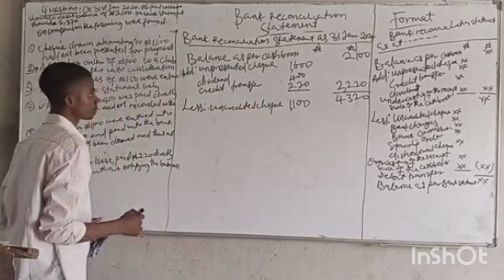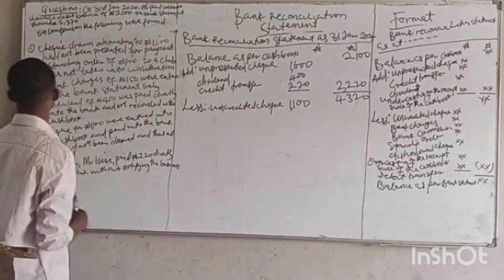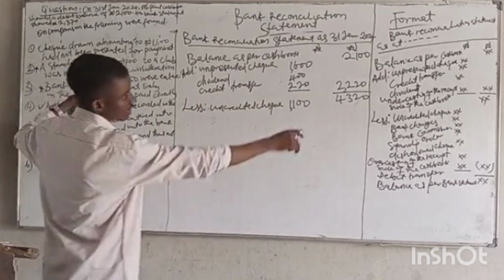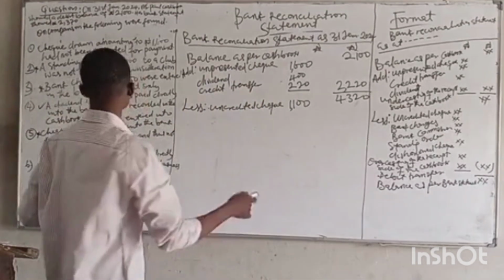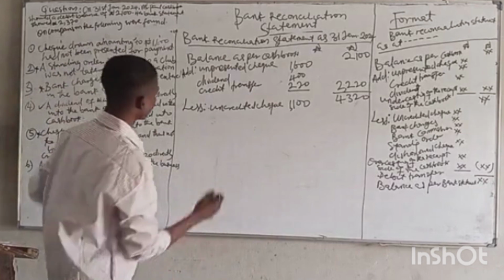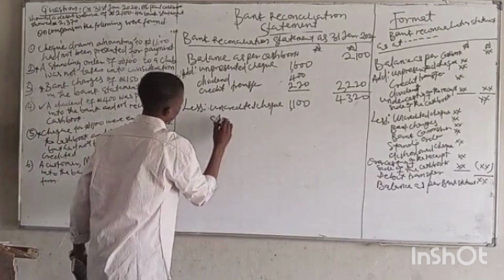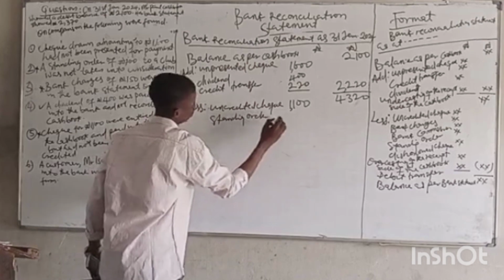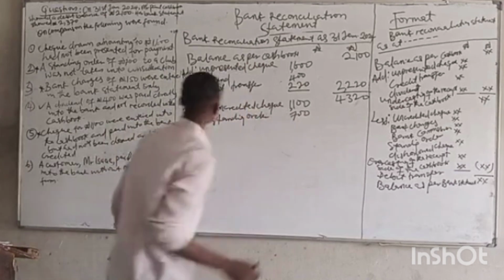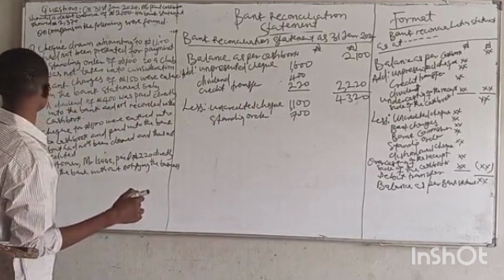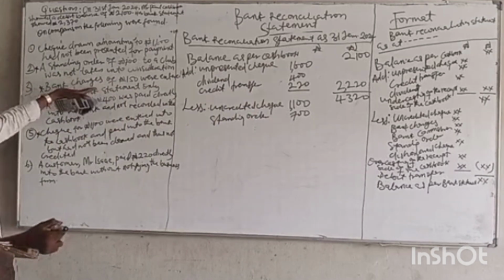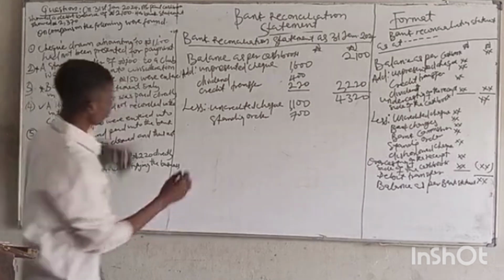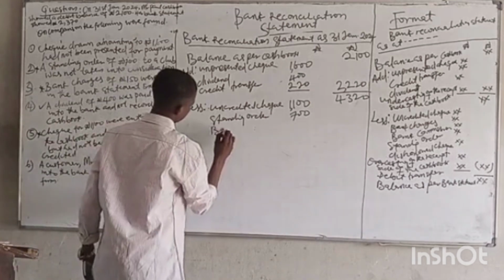And another transaction is the number 2, standing order. You can see where the standing order falls under. And the figure is 700. The next transaction is bank charges. Bank charges is 150.